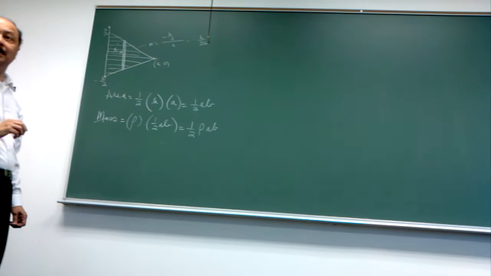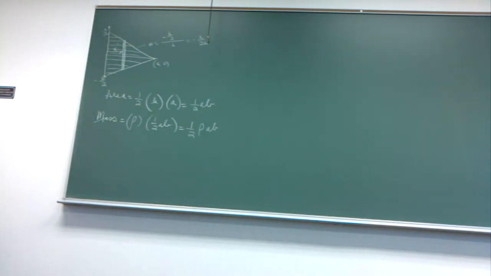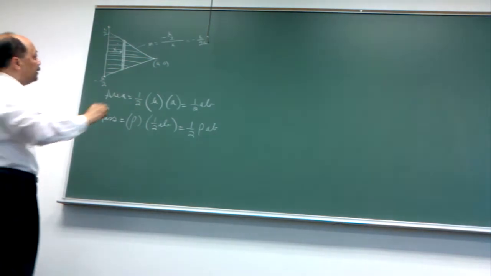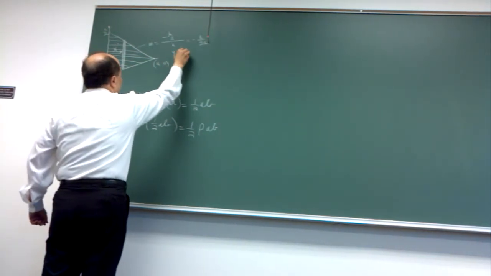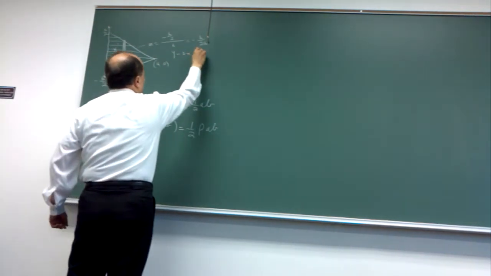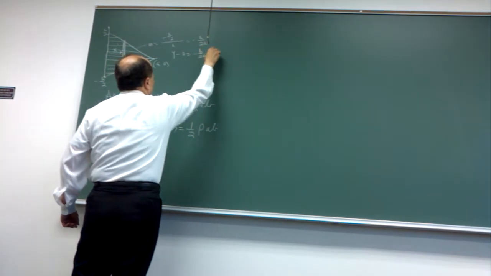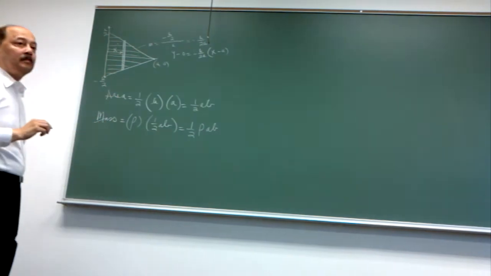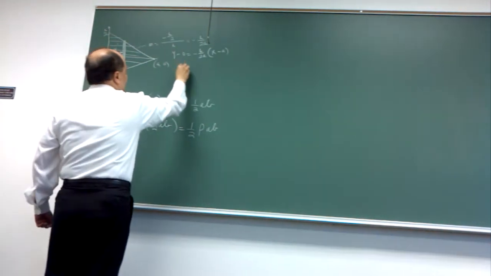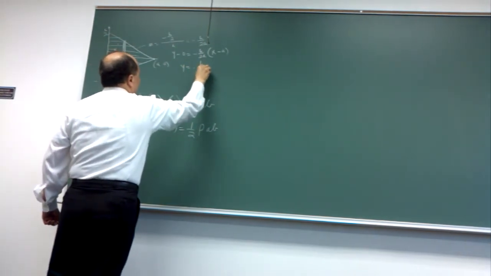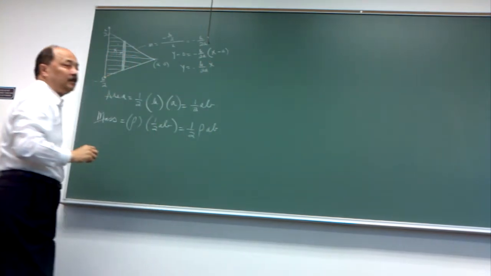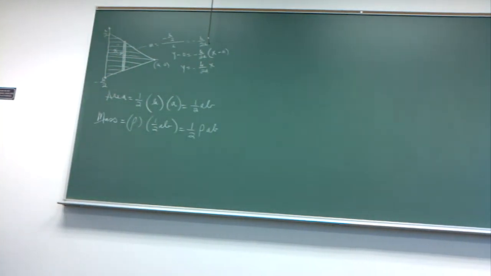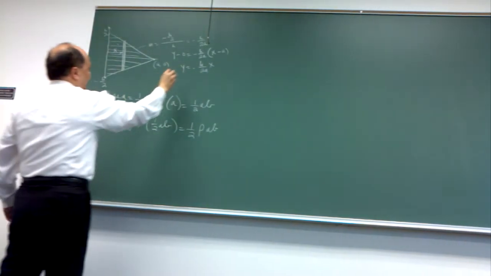That's the slope of that line. The equation of the line, y minus 0 equals slope times x minus a. So y equals negative b over 2a times x. Let's call that y1.